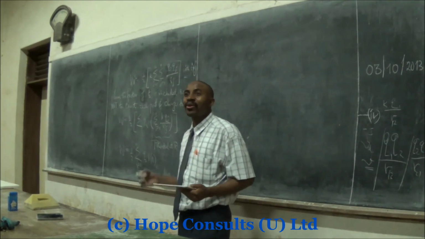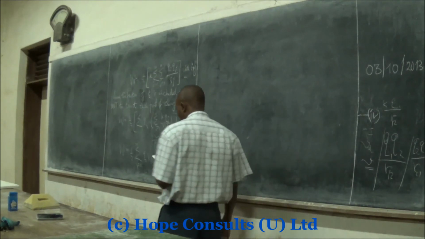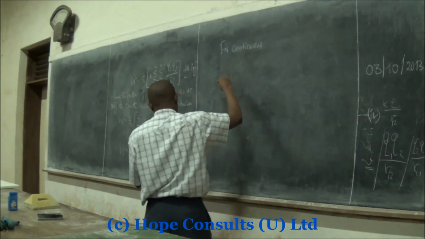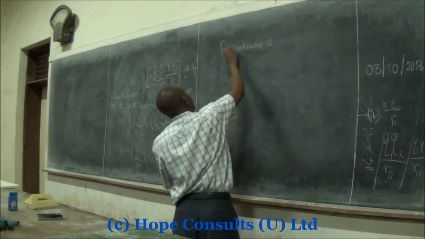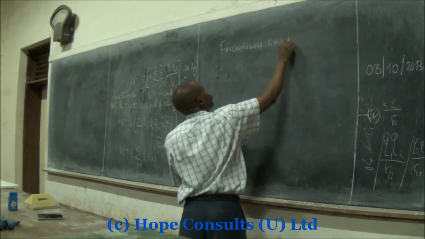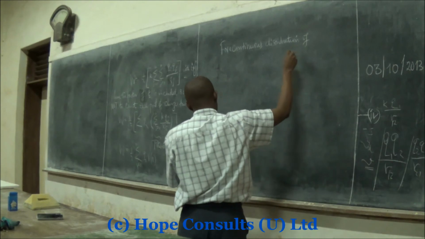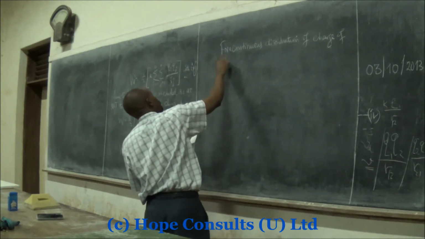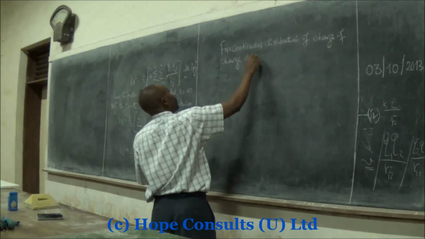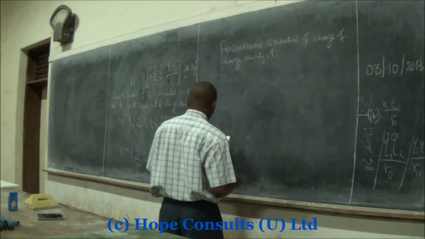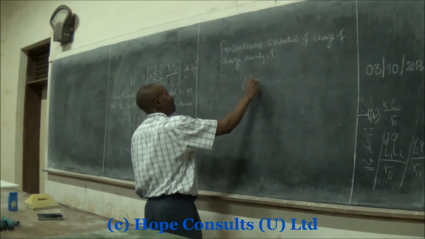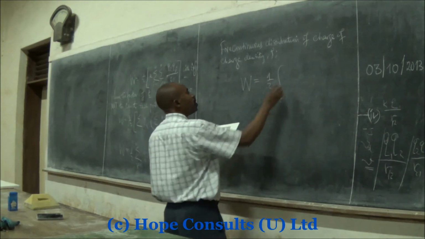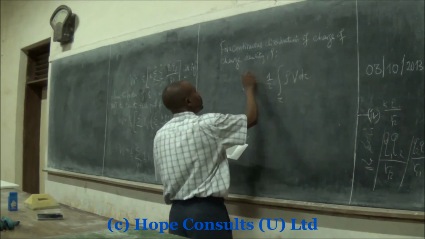That is for when you have a continuous distribution of charge, for a continuous distribution of charge density, rho, then we would have that the work done is equal to a half integral over the volume tau, rho V d tau.